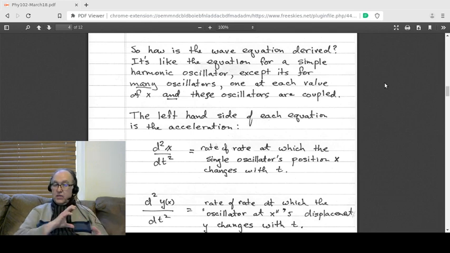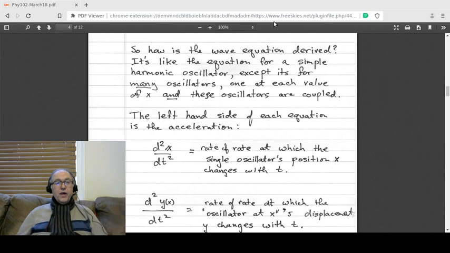Don't confuse x for the harmonic oscillator with x for the wave. x for the harmonic oscillator is the displacement of the mass from equilibrium. The second derivative in time is the rate at which a single oscillator's position changes with time, in other words, the acceleration.